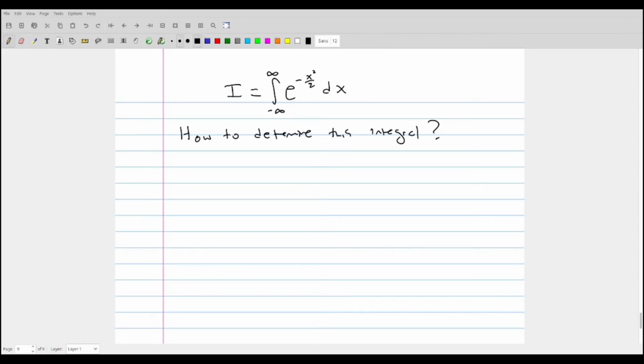It's difficult because of the fact that we've talked about before, the function e to the negative x squared over 2, and specifically the antiderivative of the function e to the negative x squared over 2 does not exist in closed form.